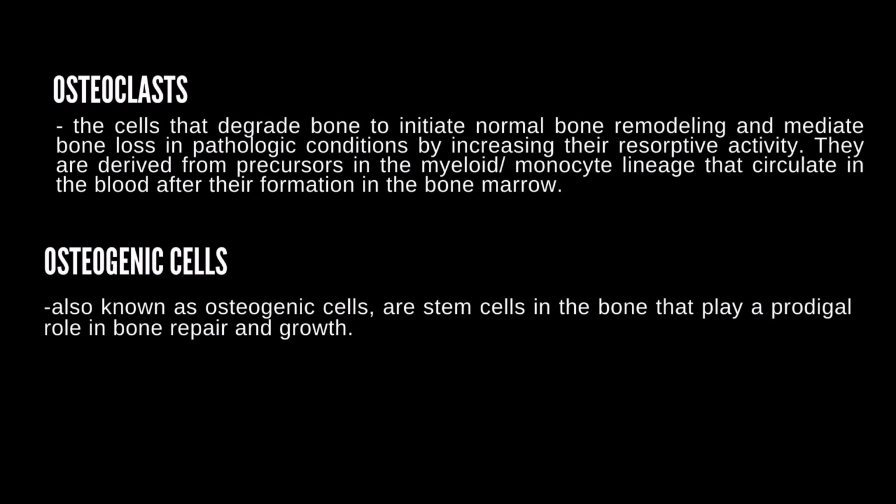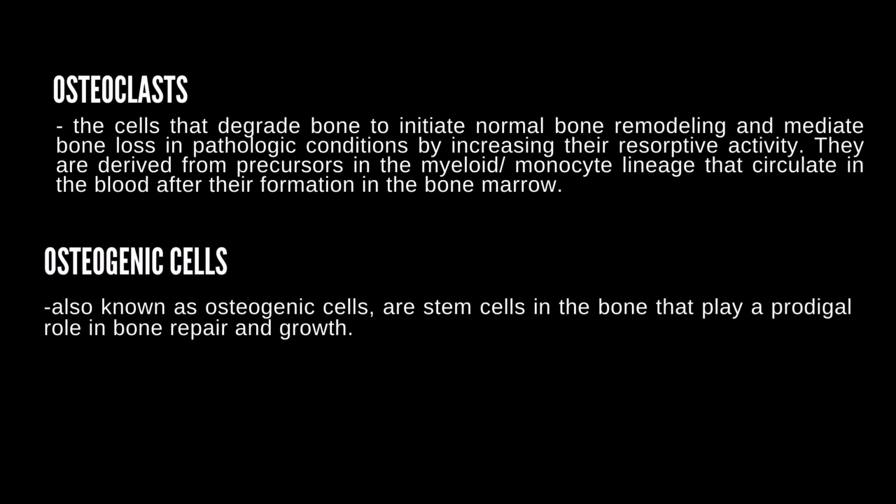Our bones undergo remodeling to repair damage, adapt to stress, and maintain mineral balance. That means that osteoclasts play a crucial role in the process by breaking down old or damaged bone tissues, which allows for the formation of new bone and ensures our skeletal system stays strong and healthy.